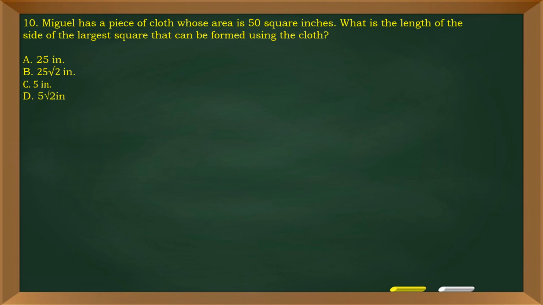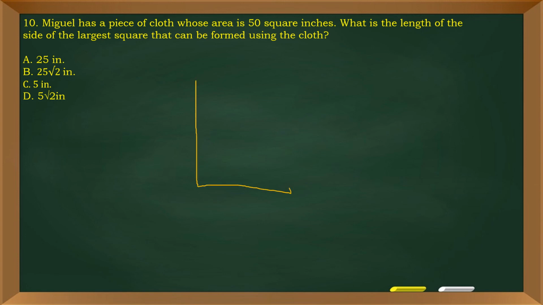Okay, let's try to answer this worded problem. Miguel has a piece of cloth whose area is 50 square inches. What is the length of the side of the largest square that can be formed using the cloth? So we are dealing with a square here. Mag-draw tayo ng water square.